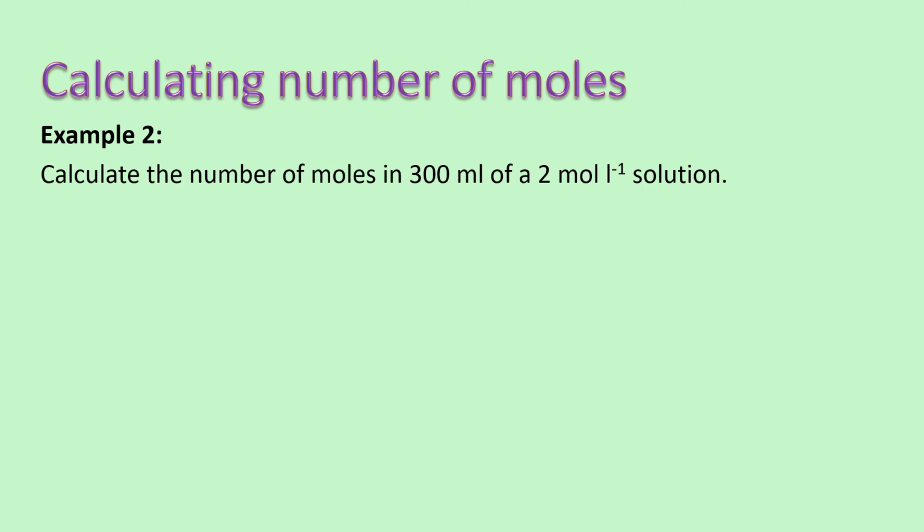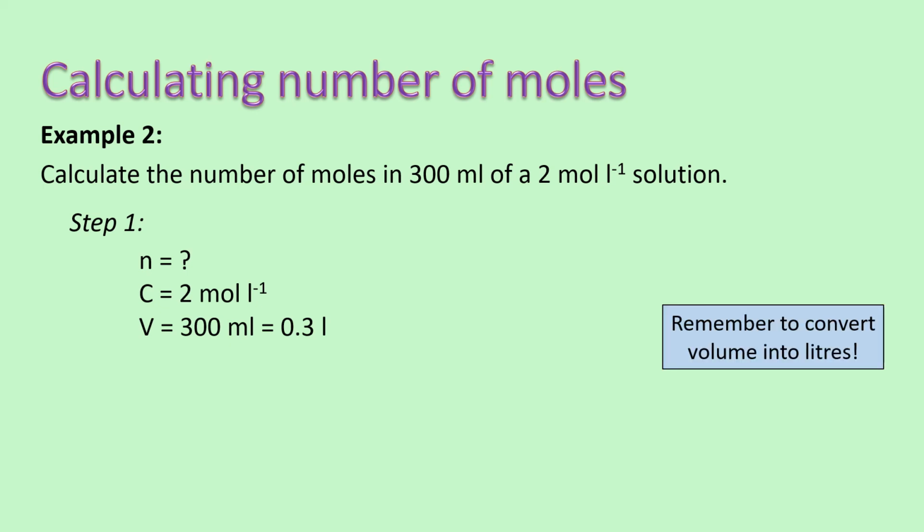Now going on to example number 2. Calculate the number of moles in 300 millilitres of a 2 mole per litre solution. Starting with our step 1, identify what we know. We don't know n, our concentration is 2 moles per litre, our volume is 300 millilitres, and we convert that to litres, which is 0.3.